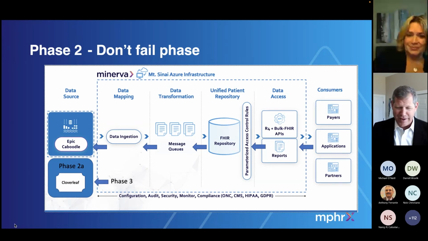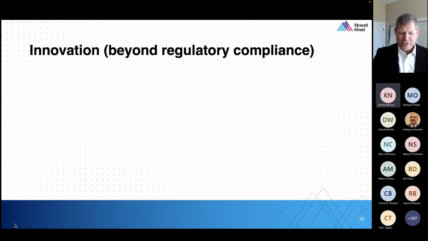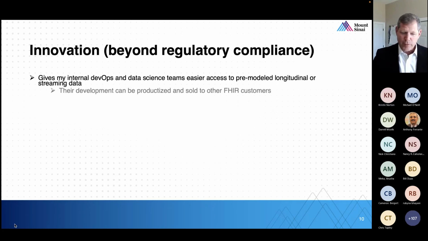Of course, I have a slide for that. We are so excited about this. Again, it's not just about regulatory compliance and possibly additional efficiencies. This really is about innovation. We have internal DevOps teams, and analytics and data science teams.